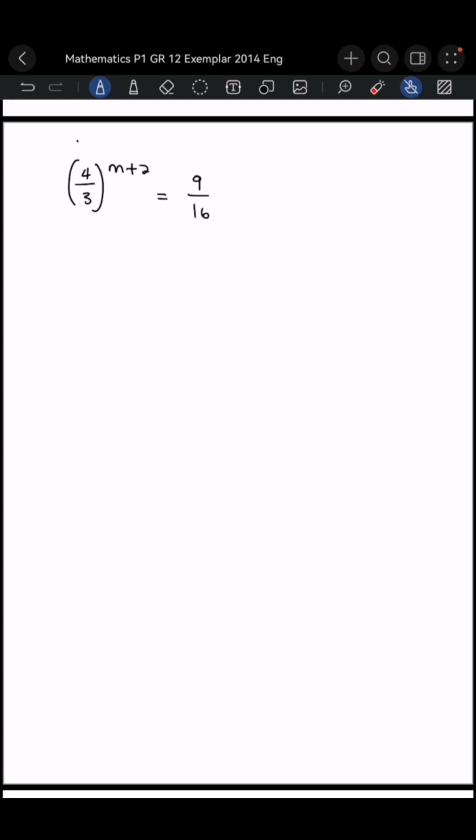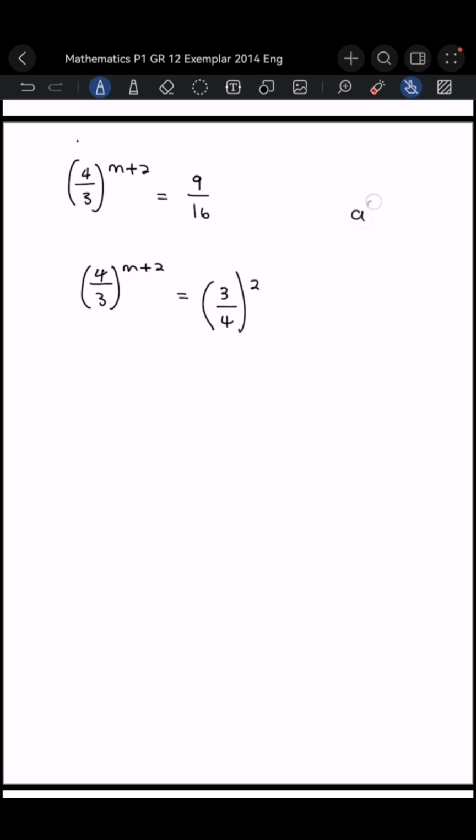Alright, we have 4 divided by 3 raised to the power of m plus 2 is equal to 9 over 16. Solve for m. We have 4 over 3, bracket, m plus 2 is equal to, this in brackets, is going to be equal to 3 over 4 all squared.